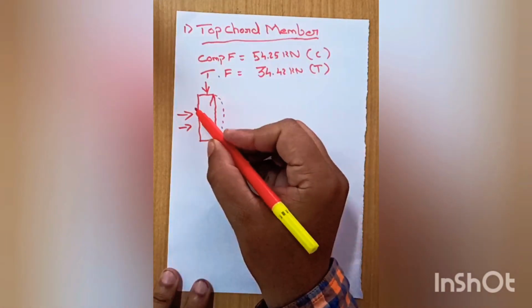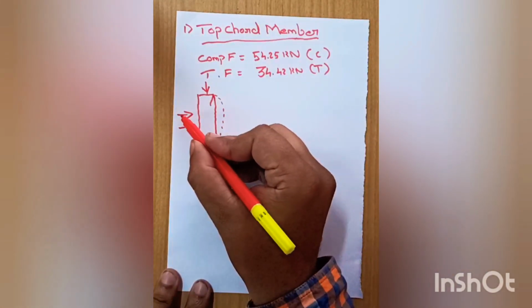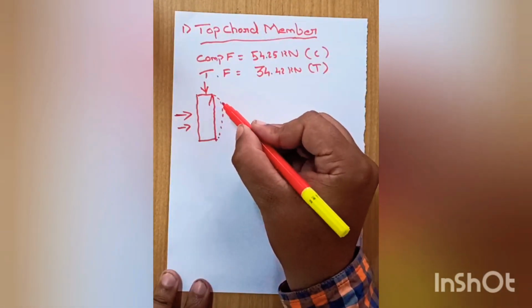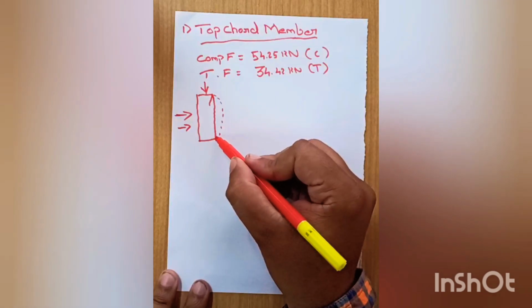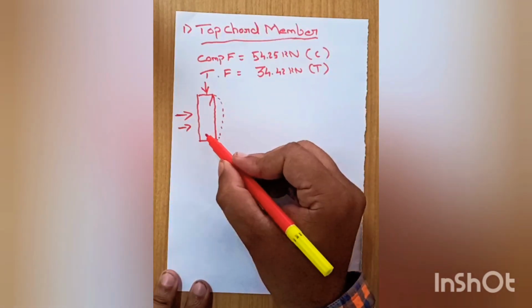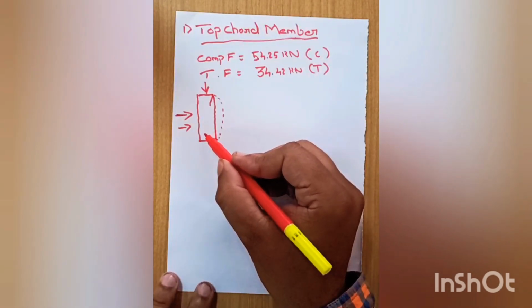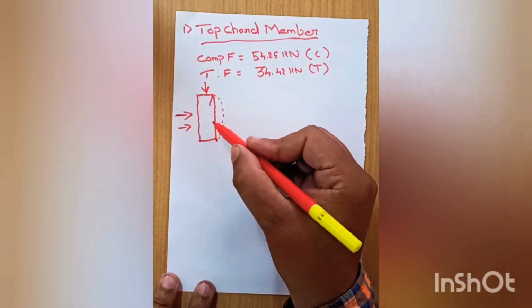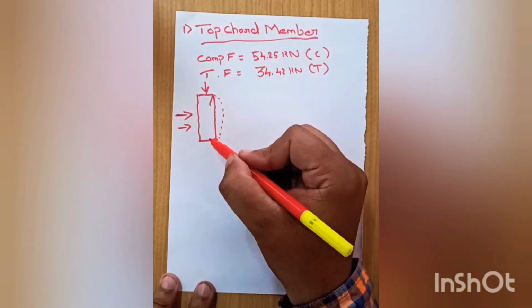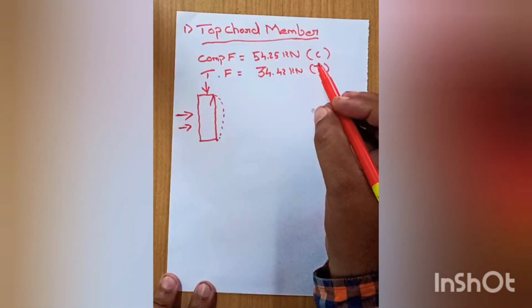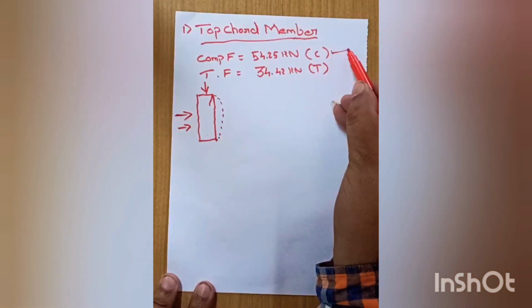So those forces will try to act like this, in this way. So because of which the compression member will try to bend like this. So this member, it's a compression member, but because of wind load, sometimes the same member will act like a tension member also. So whatever section we design, we need to design it as a compression member first.